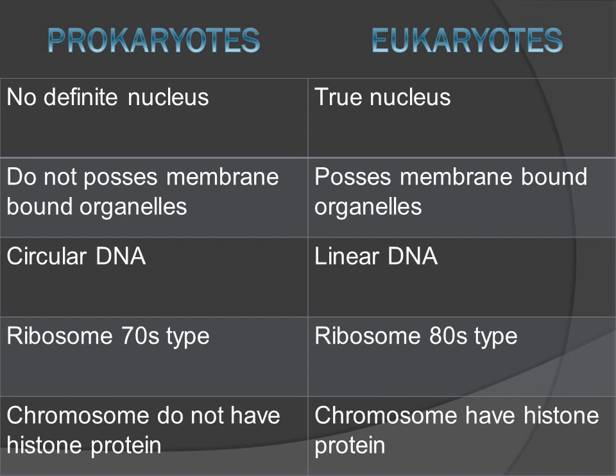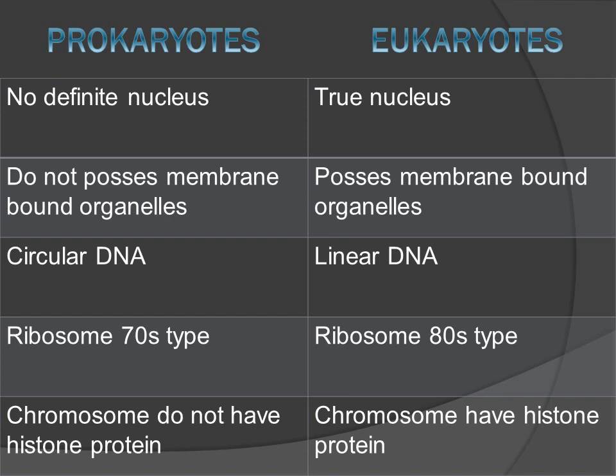Hope you have learned the differences between prokaryotes and eukaryotes in lower classes, right? There are two types of cells, the prokaryotic cell and the eukaryotic cell. Here I have highlighted a few points regarding this difference. If you learn this, it will help you pick up the forthcoming portions.